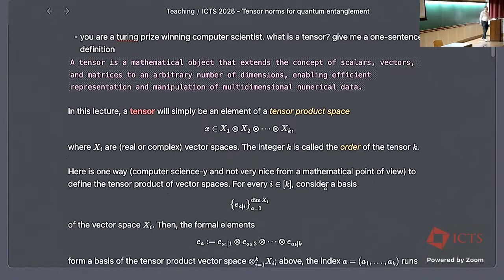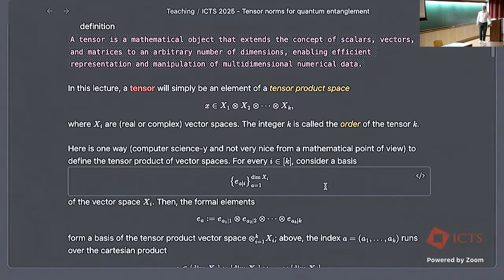Okay, so let's talk a bit about this tensor product structure. What is this tensor product space? How does one think about it? When you first learn it, it depends where you come from, but one way to think about this tensor product vector space is to give a basis of it.